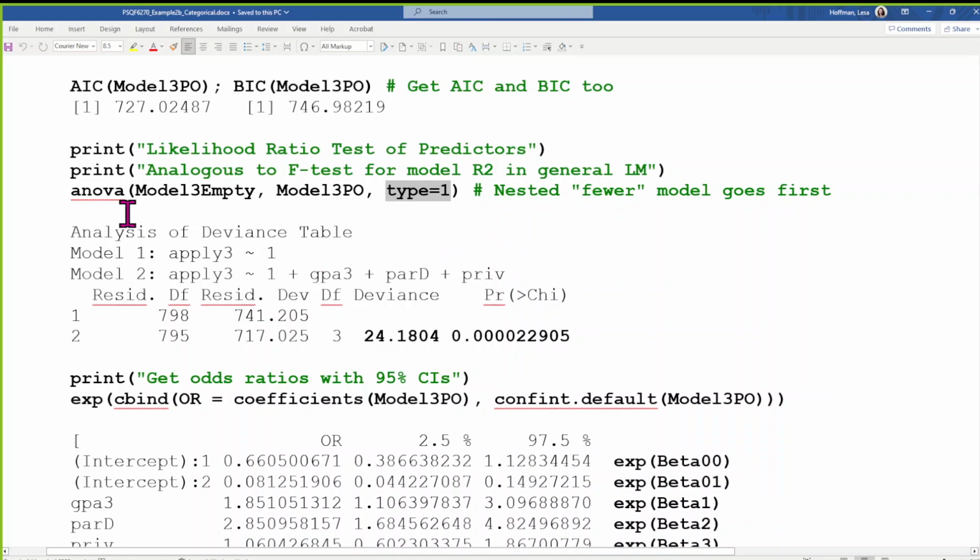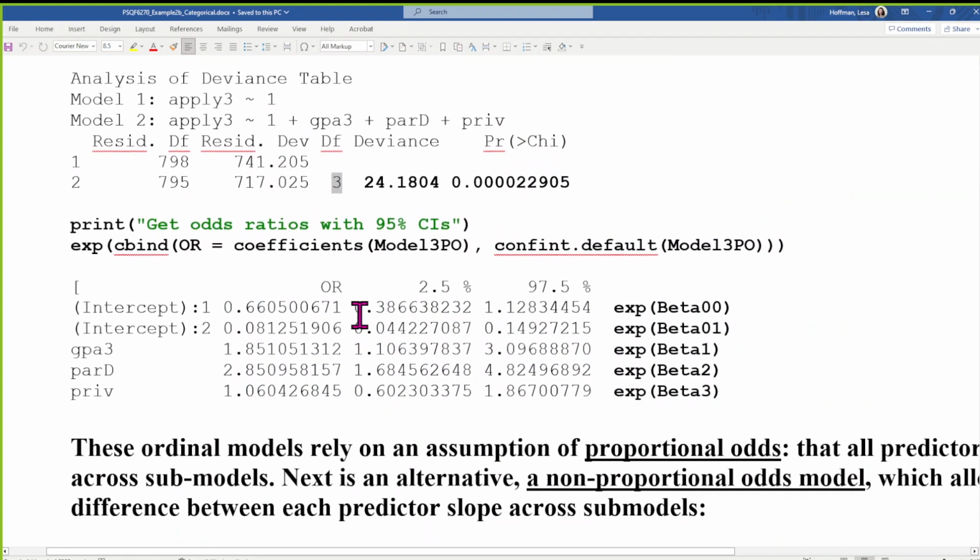So this is the ANODA instead of ANOVA output, analysis of deviance table. But it's doing the difference in -2 log likelihood, which is 24. 3 slopes is how many different parameters we have relative to the empty model, and there's the p-value that goes with that, treating it as a chi-square. So yes, same conclusion as Stata.